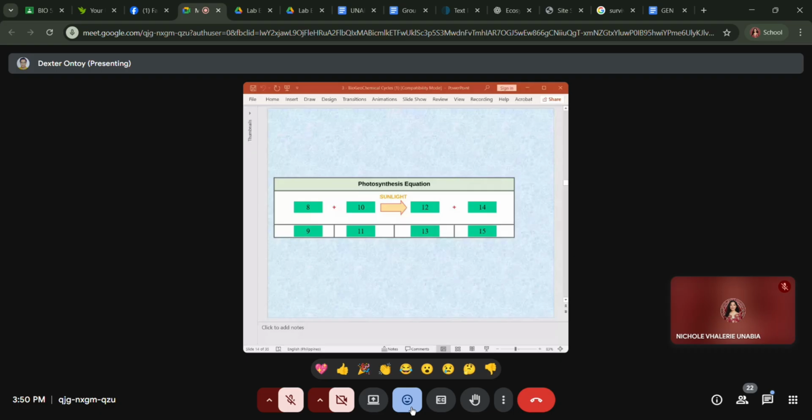So when you say subscript 2 of oxygen, what does it mean? There are two atoms of oxygen, sir. Yes. So in the molecule CO2, there is 1 carbon with 2 oxygens, and CO2 is considered as inorganic. And for the process of photosynthesis, we need 6 moles to be able to produce a glucose.